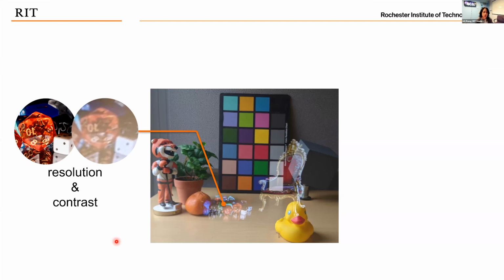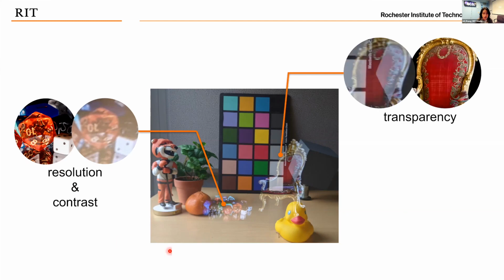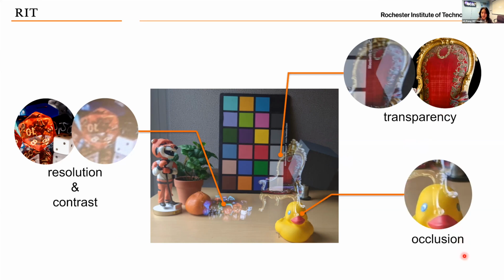You will notice some resolution and contrast problems. If you pay attention to the chair back here, you will notice this textile is losing its texture and giving a transparent sensation. And the relative depth of the chair leg and the rubber duck is giving some weird occlusion and confusing depth cues.